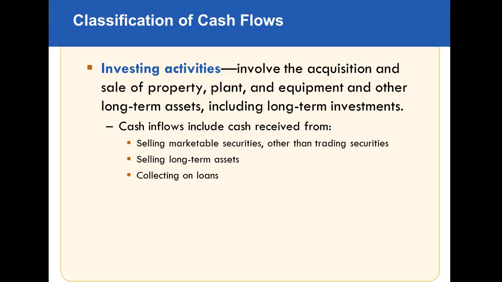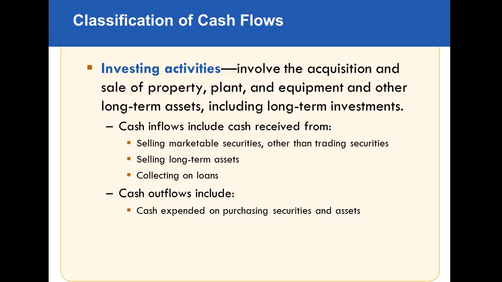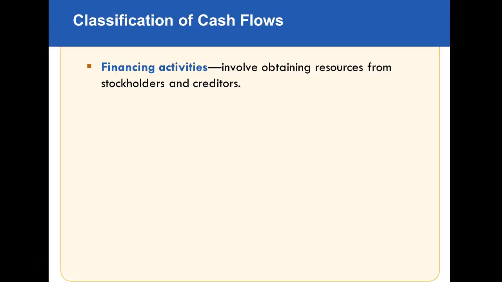When they take out a loan, that is a manner in which they're financing their business, excuse me, collecting on loans, which would mean if they have loans outstanding and then they're being paid off, they're receiving money for those loans. Cash outflows are cash that's being used to purchase securities and assets, cash lent to borrowers.